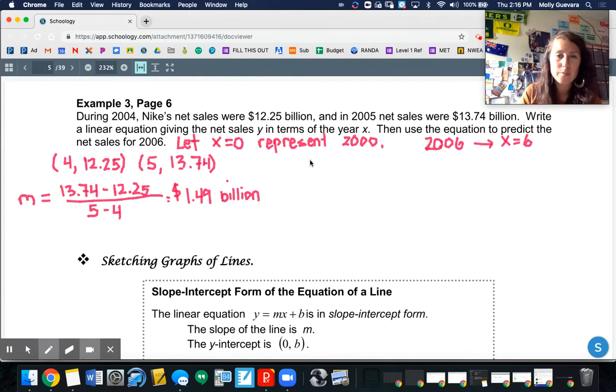It's no problem. So y, I'm just going to go straight into it. I'm going to use this 12.25, I think. So y minus 12.25 equals, and then my m I know is 1.49 times x minus 4.